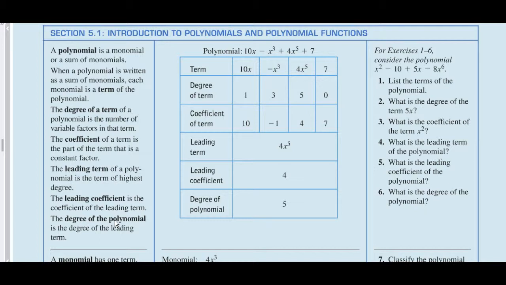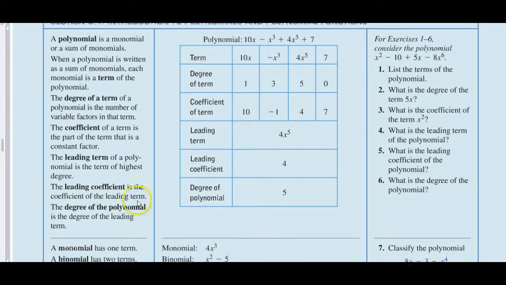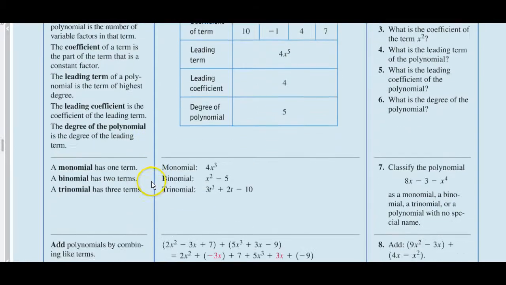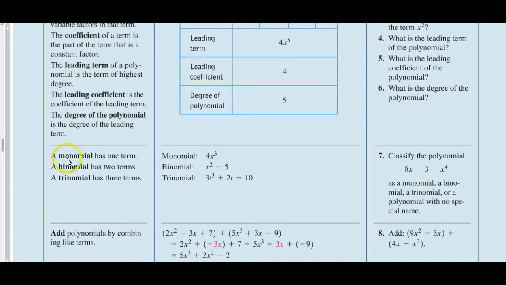It's just the one term that is the largest. Sometimes students add all of the different terms together. No, that's wrong. If it's multiple choice, they'll probably give you that as a choice, but that's wrong. And then we have special names: monomial for 1, binomial for 2, trinomial for 3.